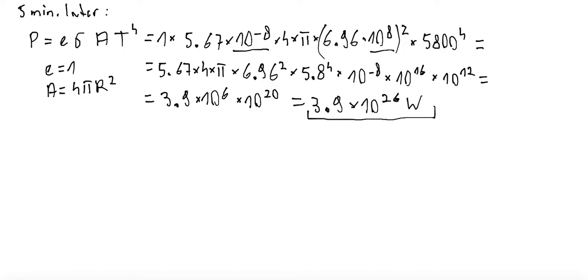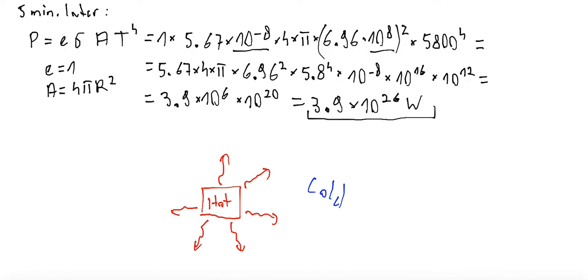So what if you have an object which is hot, placed in cold surroundings, but this cold is not absolute zero. In this situation, of course, the object emits radiation, so it loses energy due to the Stefan-Boltzmann law, but it also absorbs radiation from the surroundings.